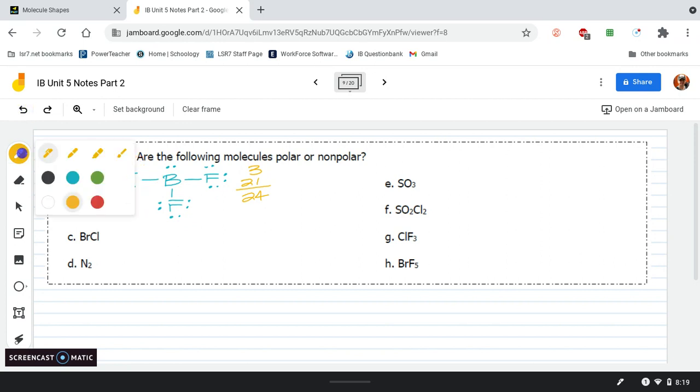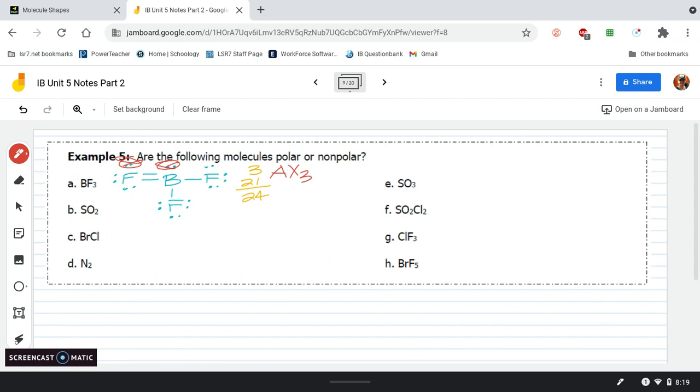So we're going to go ahead and add a double bond. Doesn't matter where. I'm going to just put it right here. And then take away a pair of electrons from each side of that bond, like so. And then there's your structure. And so that's going to be AX3, which is trigonal planar.